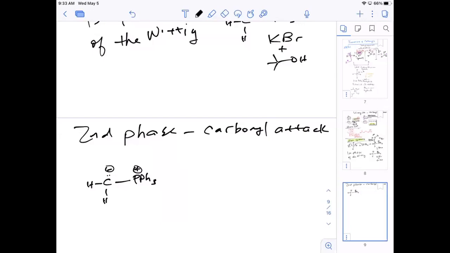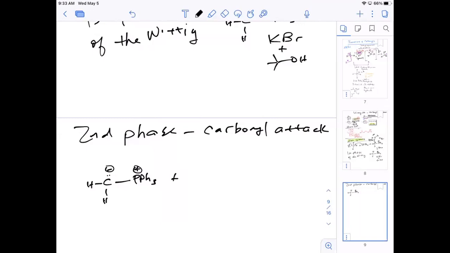All right, so your ylide is really a nucleophile. You've got a carbon, you've got a negative charge on carbon. So if you put a nucleophile around the carbonyl, we've already seen what's going to happen. The nucleophile is going to attack the carbonyl.